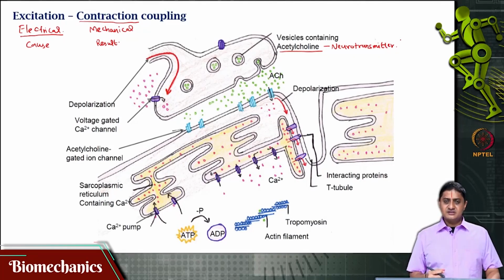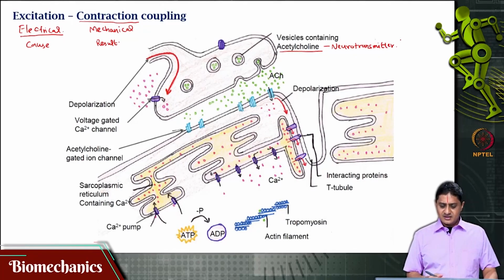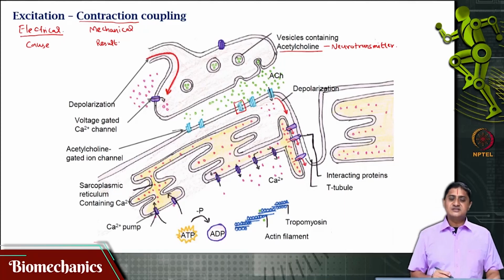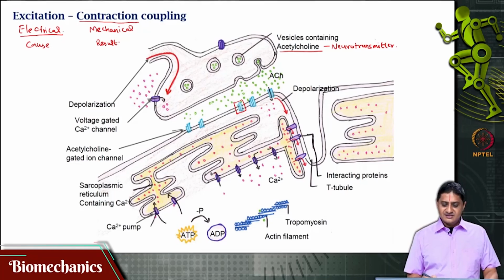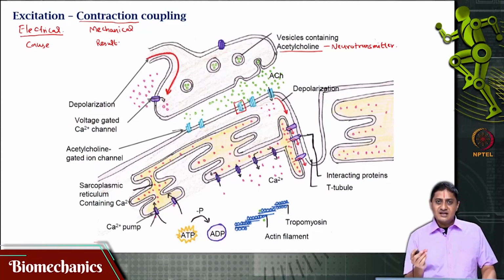This neurotransmitter is received by the receptors or a special kind of channel that is present in the muscle cell plasma membrane. This channel is sensitive to acetylcholine.